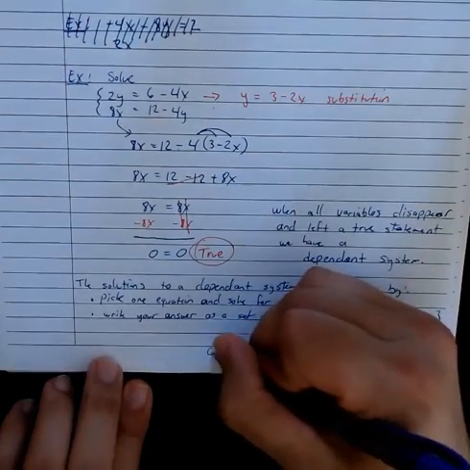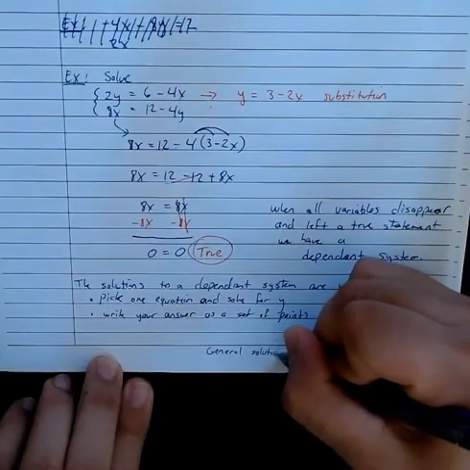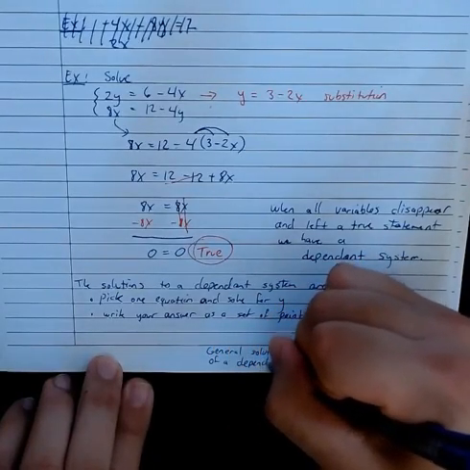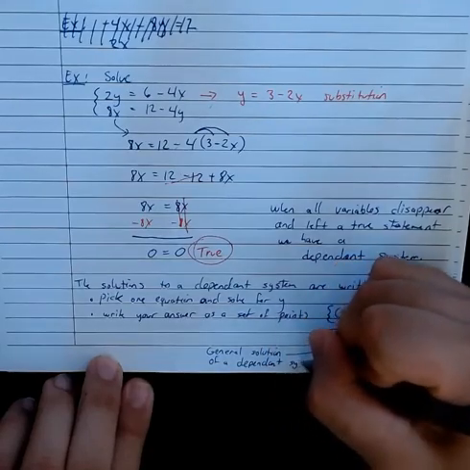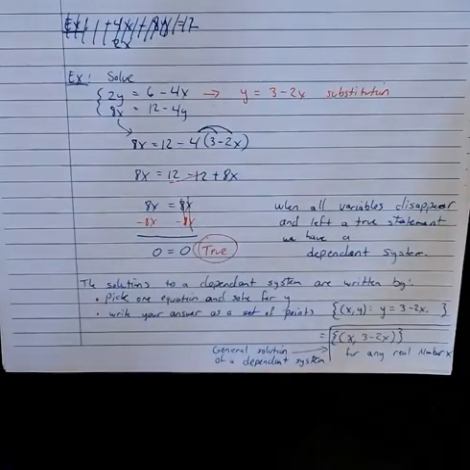So this is called the general solution of a dependent system. And you only use these whenever you have a dependent system. All right, so that's the end of the section, and I hope you all have a nice day.